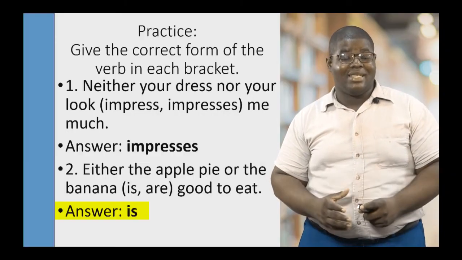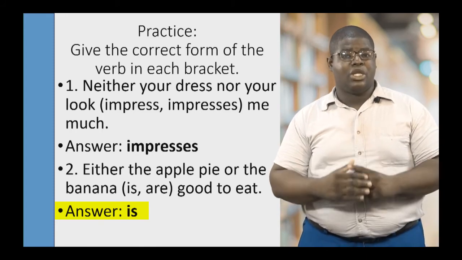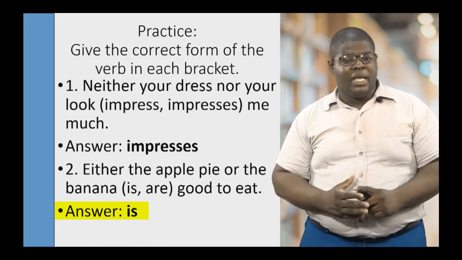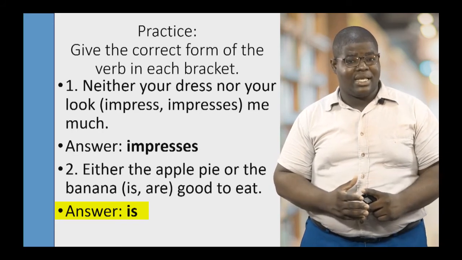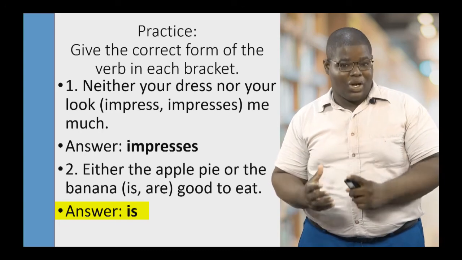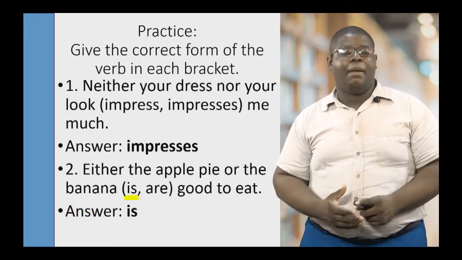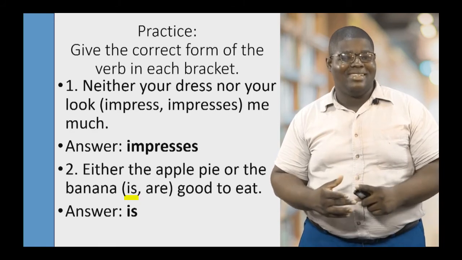Now, if you said is, you are correct because we have the subject banana. It's right next to the verb. So banana is singular, so we must take the singular verb, and in this case, the singular verb is the word is. So either the apple pie or the banana is good to eat.